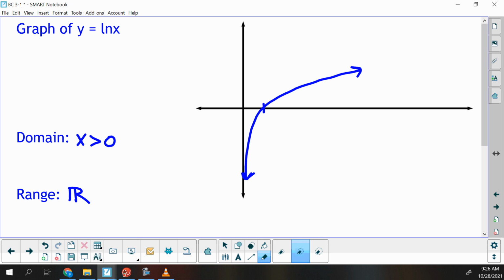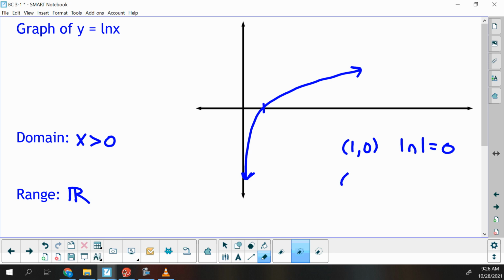Two key points that it is good to note on natural log of x. You're always going to have the point (1, 0), because natural log of 1 is equal to 0. In reality, any log of 1 will be equal to 0, because when you switch it to exponential, anything raised to the 0 is 1.